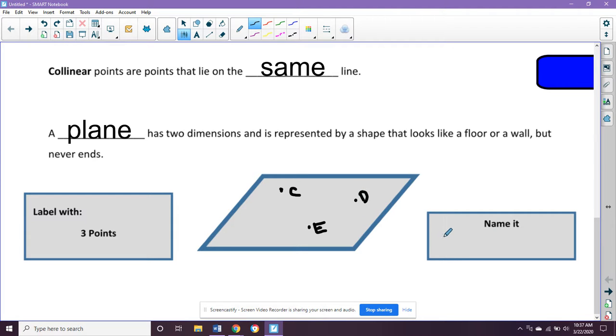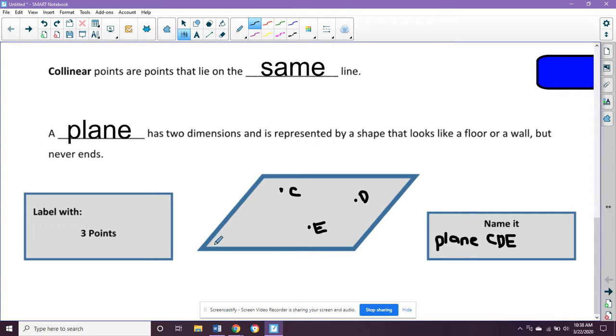So we can name it by those 3 points. So plane C, D, and E. So CDE.